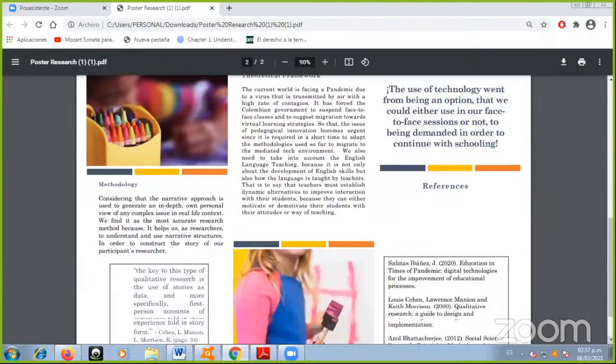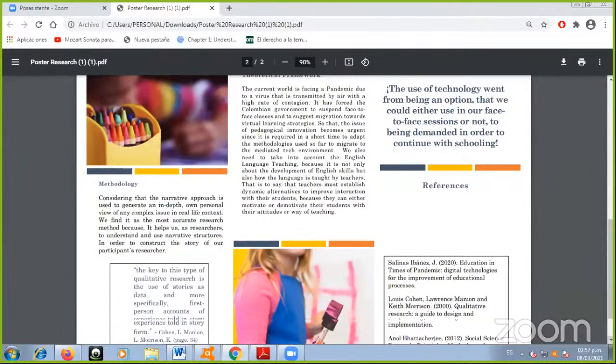Also, we need to take into account English language teaching because here we are talking not only about the development of English skills, but also how this second language is taught by teachers. In fact, the role of teachers is crucial here because they can be seen as potential influencers.